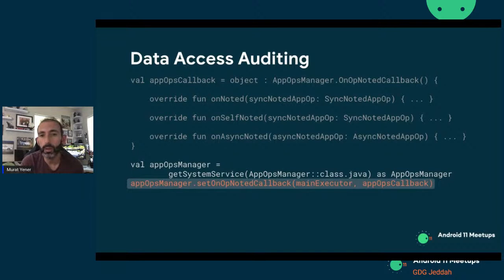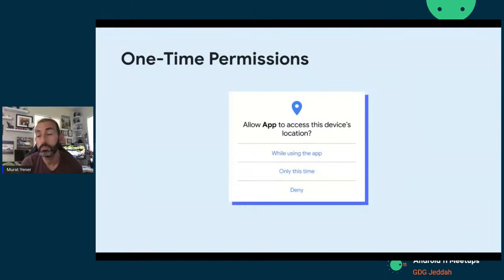If you look at the top of the screen, you can see there are different callbacks for sync and async accesses. So you will be notified whether the access is through a sync or async mechanism. And the nice thing is the callback is called before the caller receives the resource info. So you can have control over what's going on and decide what to do.